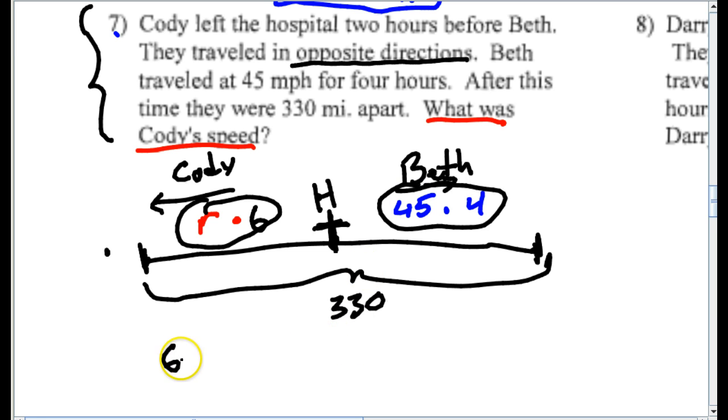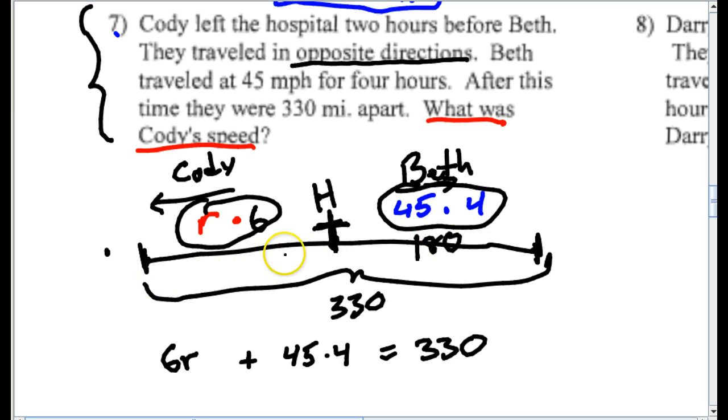So 6R plus 45 times 4, which is 180, they add up to 330. Basically they're asking about, well, how much is this?